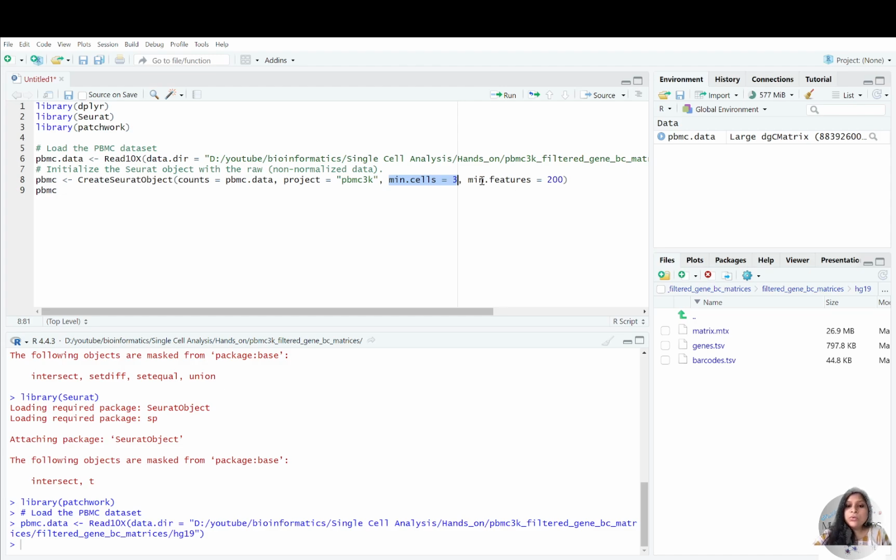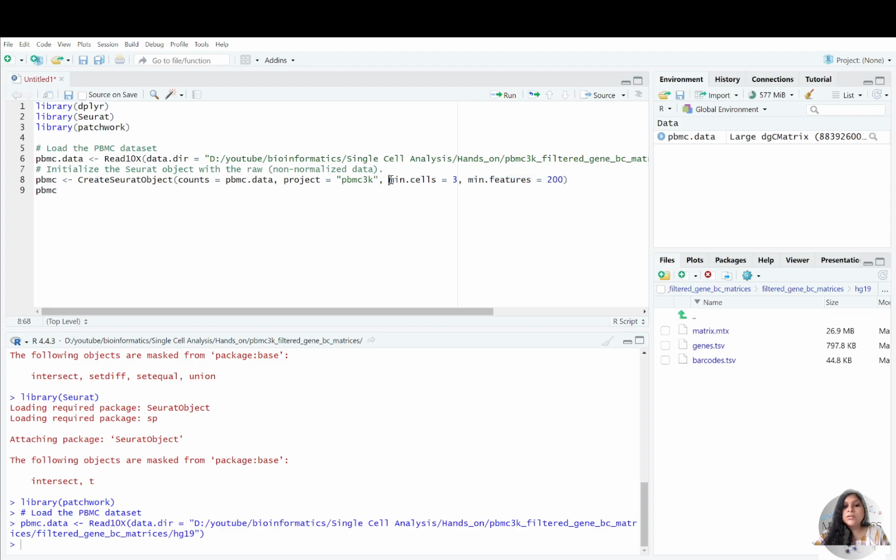And also here they are saying to keep those cells, sorry, here you have to keep all those cells that express a minimum of 200 genes. So we are just filtering our data and keeping them in our Seurat object.